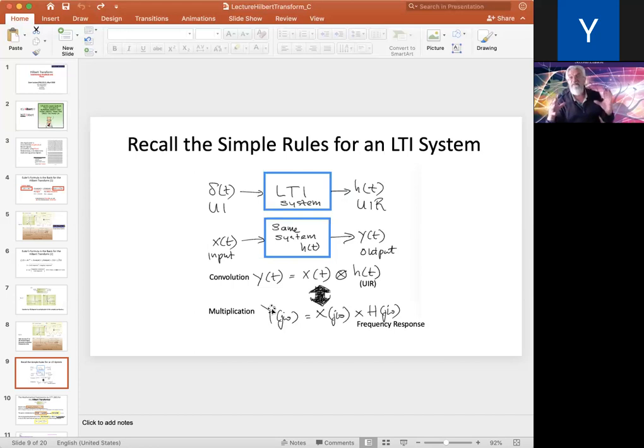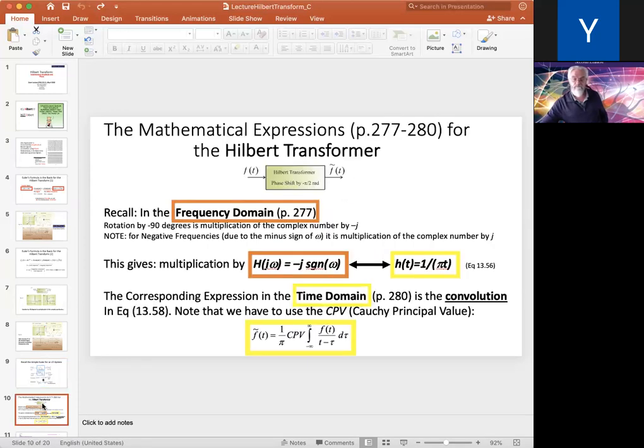Now keep this in mind, and now we will basically use this construct to get a more mathematically formal description of our Hilbert transform. So this is basically giving you the overview.